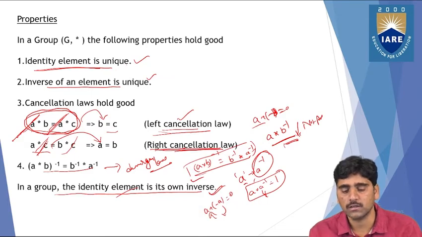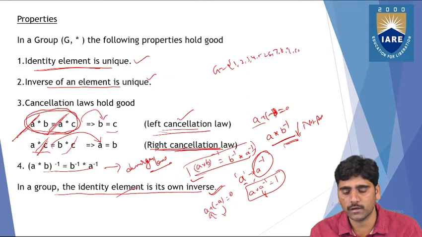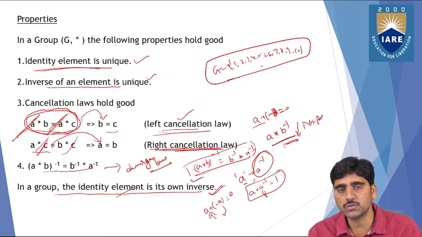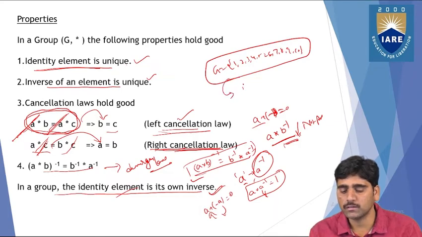If any set, suppose G equals 1, 2, 3, 4, 5, 6, 7, 8, 9, 10 is the set, then if it wants to be an abelian group, you have to show that it satisfies the commutative law, identity law, inverse law, and left cancellation and right cancellation laws.